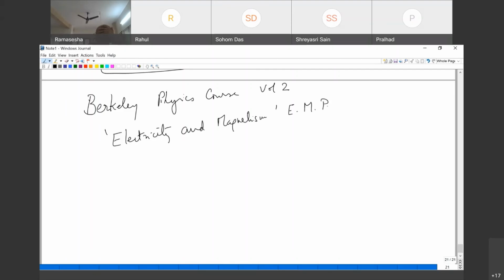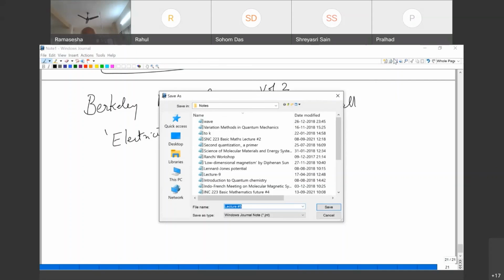This is by E.M. Purcell. How many of you have heard of the name E.M. Purcell? No? Have you heard of Purcell? You know, he's one of the persons who discovered NMR.